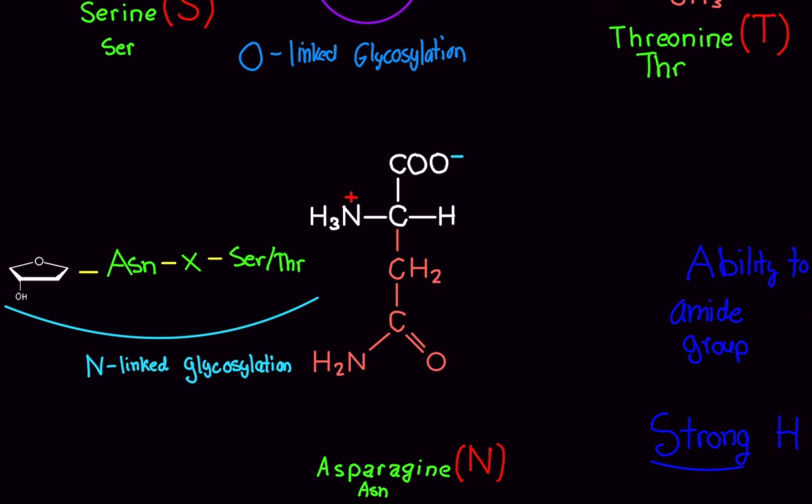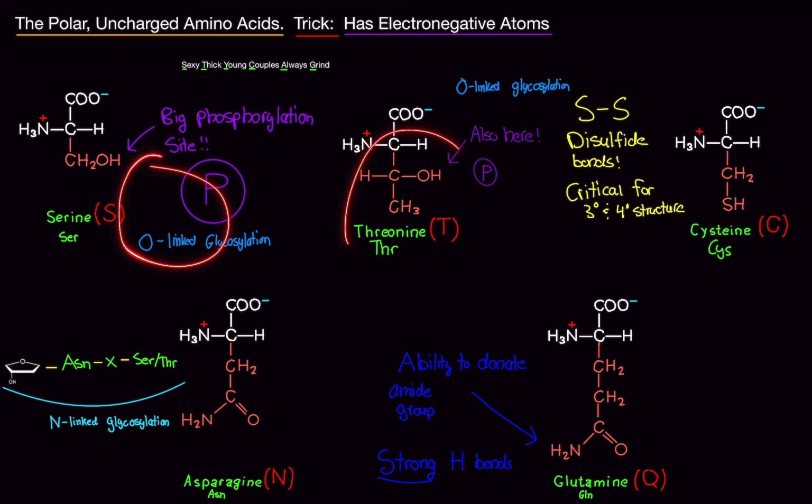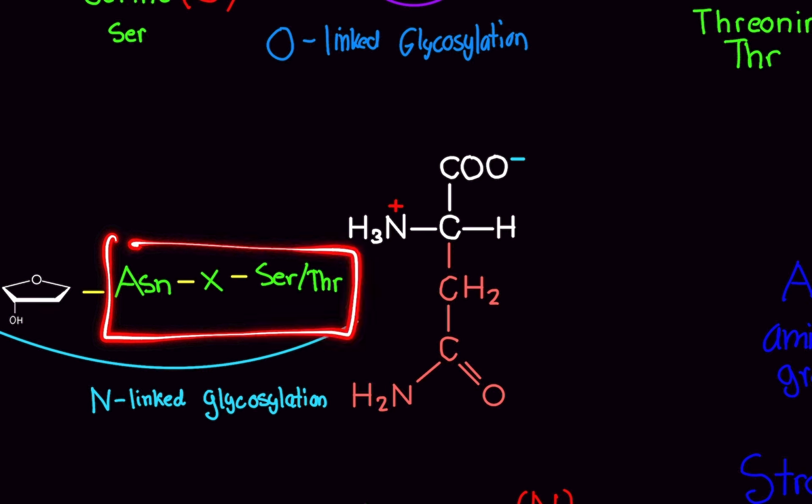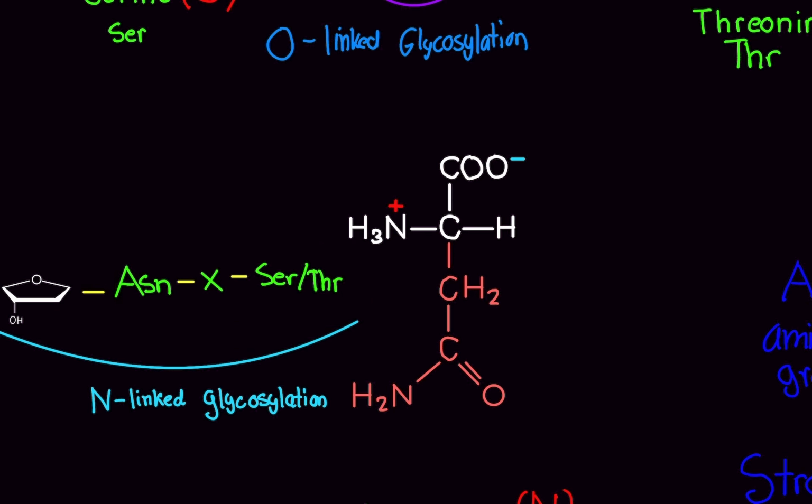It can be any amino acid that is not proline. And that other amino acid must be bonded with serine or threonine here. When you have this three amino acid setup, a sugar has the ability to bind where the nitrogen is, the amino group is. This is called N-linked glycosylation, nitrogen-linked glycosylation.